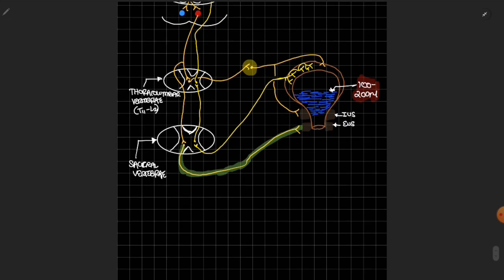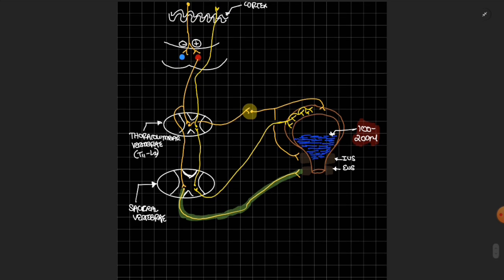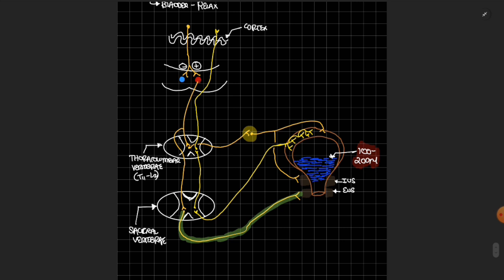This pudendal nerve acts as the efferent nerve. So here the pontine micturition center is stimulated, and this sends efferents to three structures: the bladder, internal urethral sphincter and external urethral sphincter.